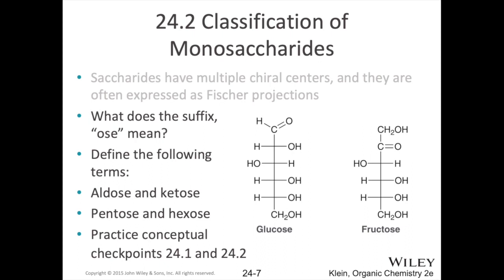So you should be able to readily recognize it. I'm going to add a few more terms here. We're going to make distinctions between aldoses and ketoses. And we're going to then have other names that have a Greek prefix for a number in front. So things like pentose or a hexose or a tetrose and so on. Okay, so what do those two things tell us? Well, you've probably started to guess.